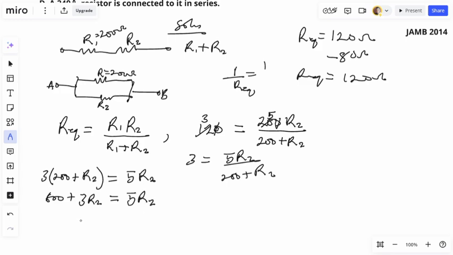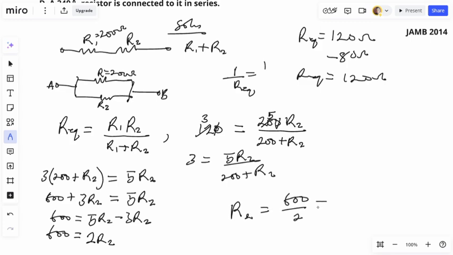So we collect like terms. 3R2 will go to the right to operate with this 5R2 because they are like terms. 600 will remain. So 600 equals 5R2 minus 3R2, that is 2R2. If you divide both sides by 2, your R2 will be equal to 600 divided by 2, which gives you 300 ohms.